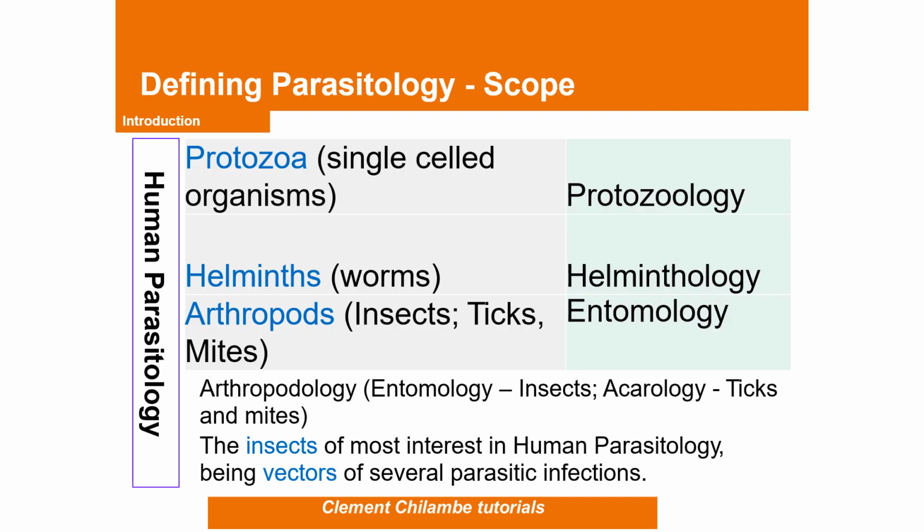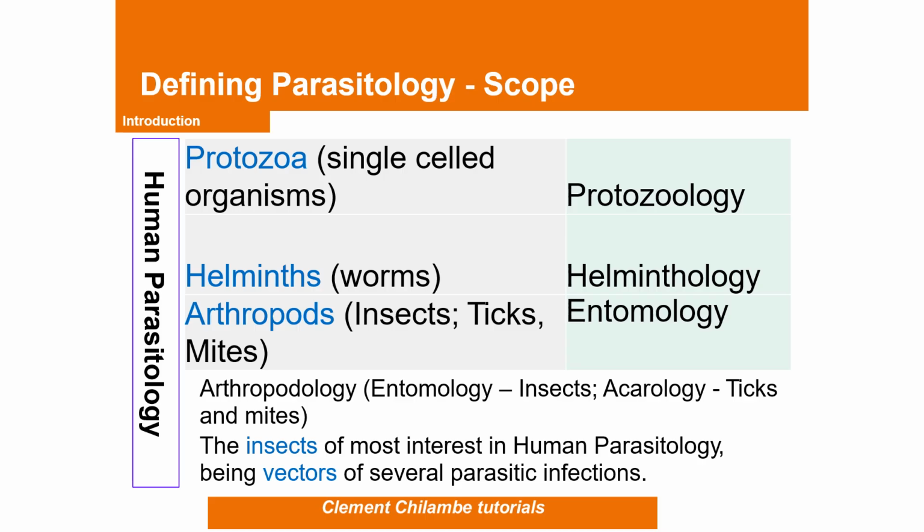All right. Now let's talk about human parasitology, and let's look at the scope. There are three things that we need to know when it comes to the classification of these parasites. We have the components of protozoology, helminthology, and entomology. Protozoology refers to protozoa, which are single-celled organisms.